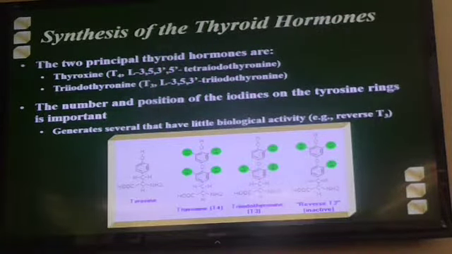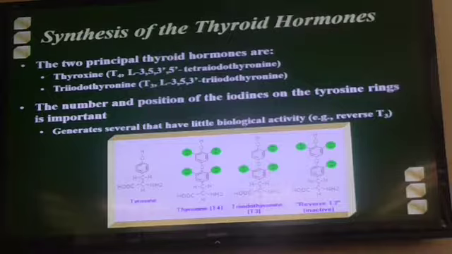There's thyroxine, which is T4, tetraiodothyronine. It's also called L-3,5,3',5'-tetraiodothyronine. It just tells you the positions on the aromatic ring that those are on. And the triiodothyronine is the other one, that's T3.